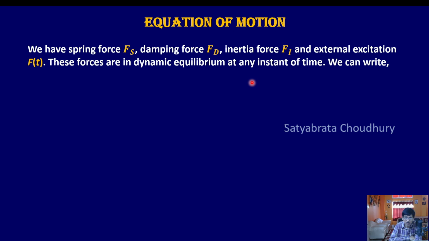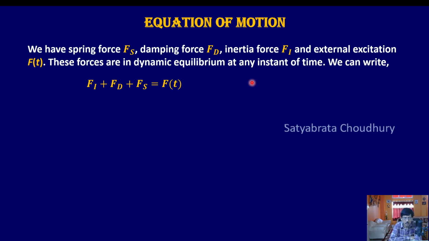Static equilibrium, you know, sigma Fx equal to 0, sigma Fy equal to 0, sigma M equal to 0, etc., in 2D or in 3D. So what is dynamic equilibrium? Dynamic equilibrium means when a system is vibrating, no force is taken out of the system and no force is added to the system. At any instant of time, it will form a static equilibrium at that very instant of time. And this is called dynamic equilibrium.